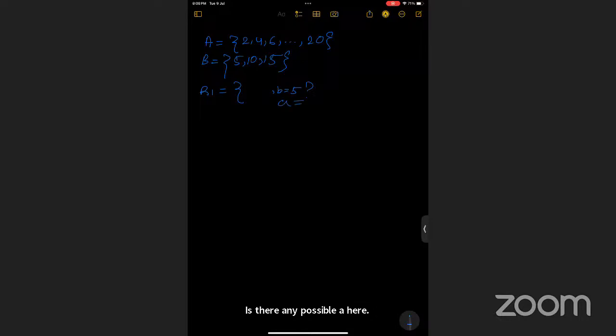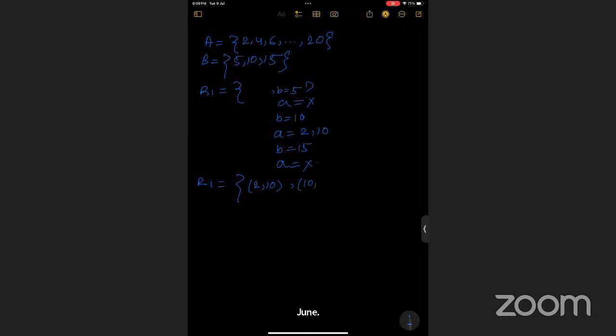So there is no such A. If we take B equals 10, then A can be 2, right? Yes, or 10. If we take B equals 15, there is no such A. So basically our R1 is (2, 10) and (10, 10).